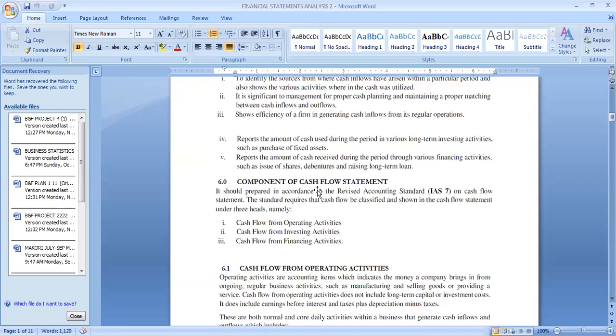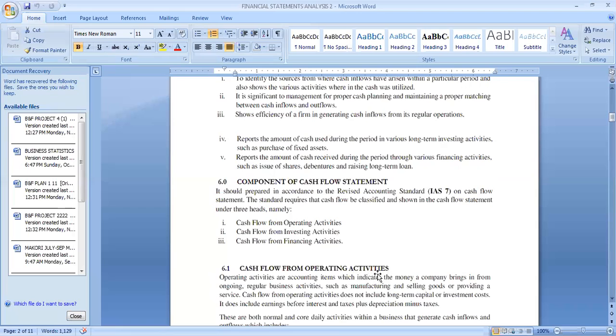When we talk about the components of the cash flow statement, there are three. I've just mentioned the cash flow from operating activities, and operating activities are regular activities. They normally take place in the business almost every day, and they cannot take long before they recur. They include buying of stock, selling of stock, payment of salaries, those things that keep on repeating themselves in the business.